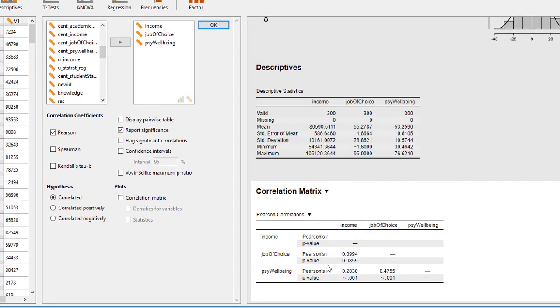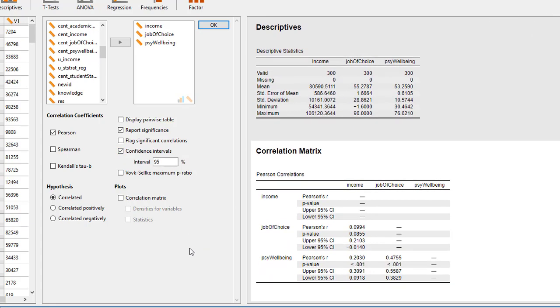So here you've got the Pearson correlation between the variables and the p-value to determine whether it is significant or not, but we are in parameter estimation, we are not interested in the significance. So what we are interested in is the confidence interval. So we tick here confidence interval, and it gives us the upper and the lower bounds of the confidence interval of the correlation coefficient.